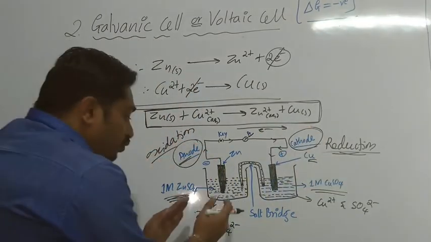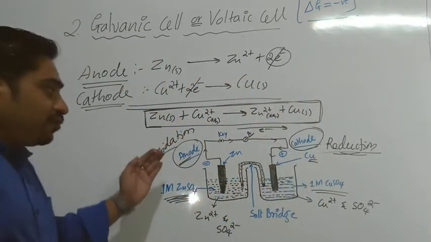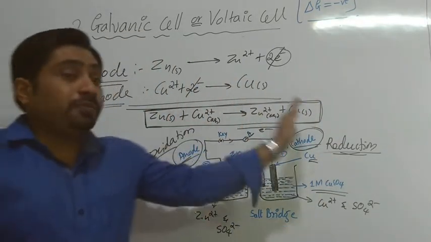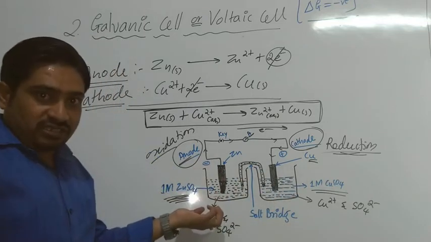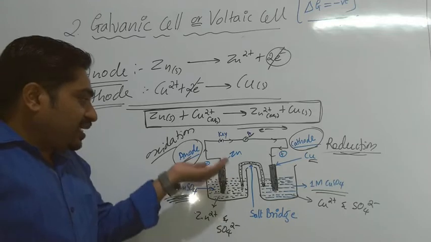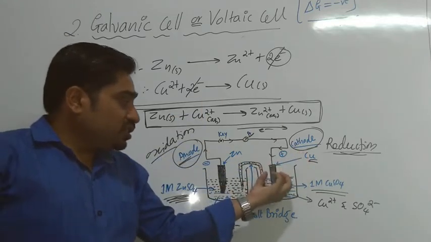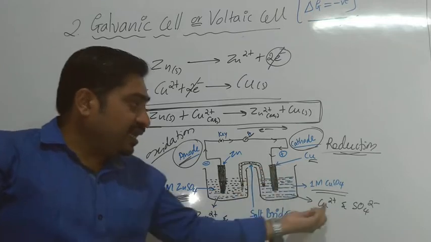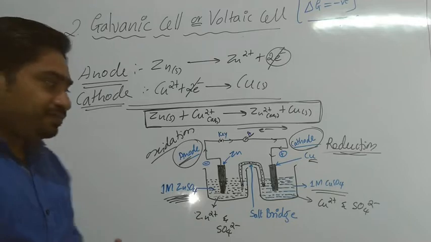The electrons move from the zinc electrode to the copper electrode because the zinc is losing its electrons. The lost electrons from the zinc move towards the copper electrode, where they are captured by the Cu2+ ions, which are reduced at the cathode.